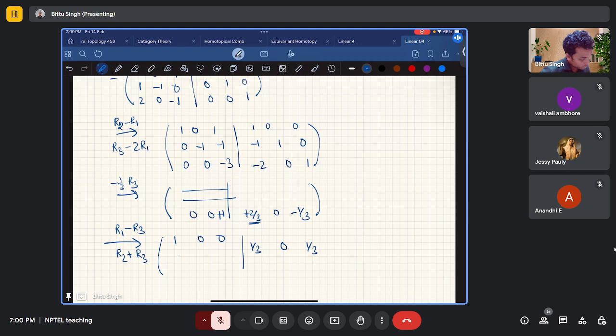So after that it is 0 minus 1 and 0 here. Now minus 1 plus 2/3, which is minus 1/3. 1 plus 0, which is 1, and 0 minus 1/3, which is minus 1/3. Similarly, the third row is unchanged, 0, 0, 1, 2/3, 0, minus 1/3.